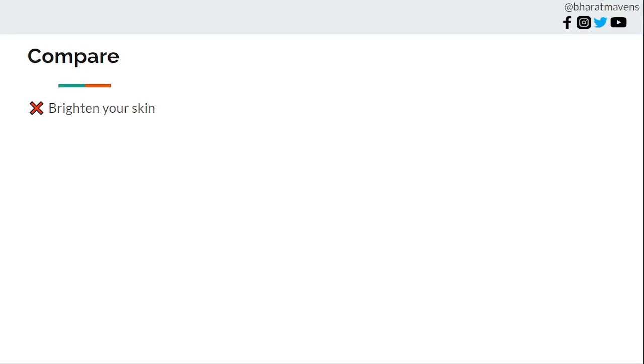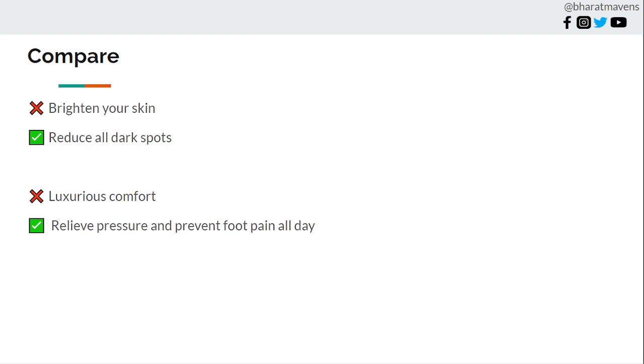Next, if you can compare in your creative, it creates a very interesting concoction so that people can understand what's going on and they expect a transformation. For example, we can say brighten your skin, or we can say reduce all your dark spots. Because reduce all your dark spots is more comparing. Next, luxurious comfort can be said for a footwear brand, or we can also say release pressure and prevent foot pain.